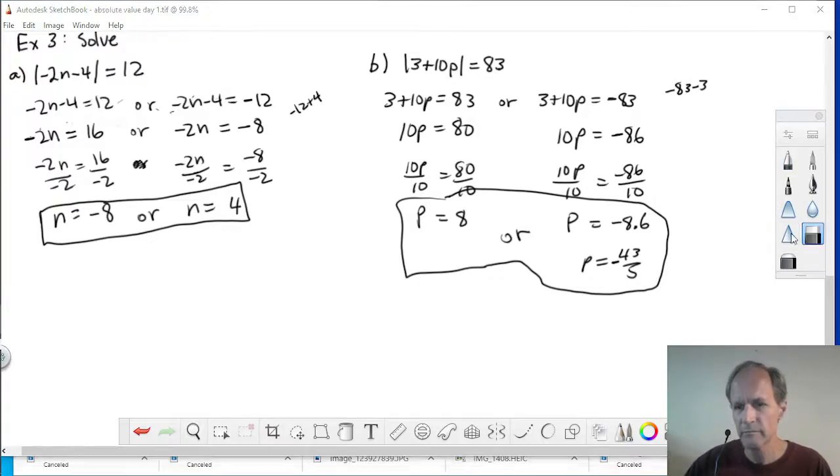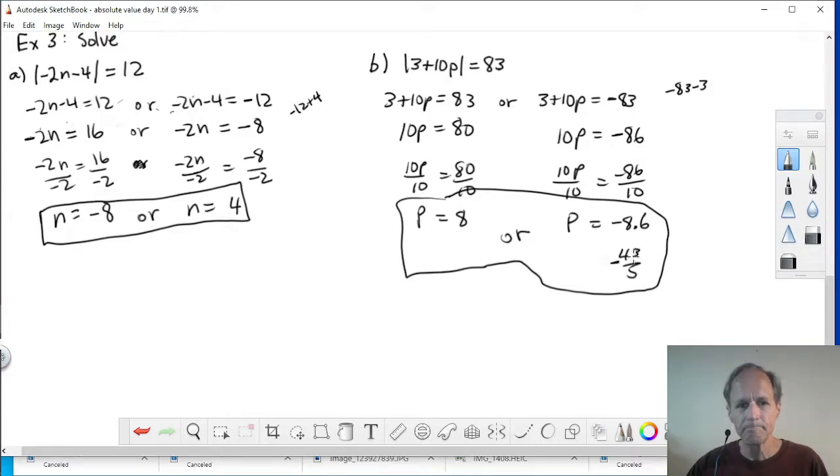It looks kind of ugly, so I'm gonna erase that. Just write those two possibilities. Okay, so this is the same number, of course, but two different ways to write it. Negative 8.6, negative 43 over 5. So there are two answers, 8 and the other one, which could be written either way.